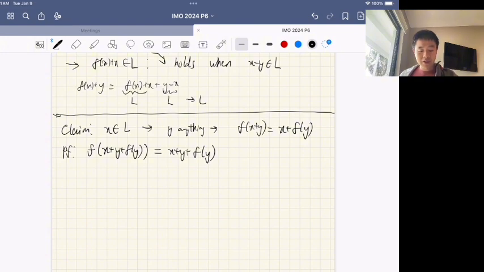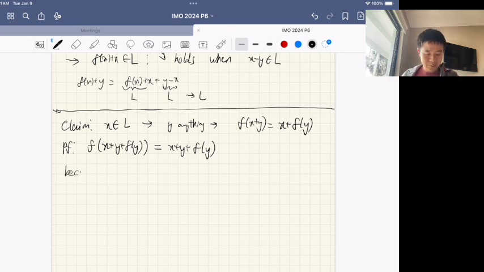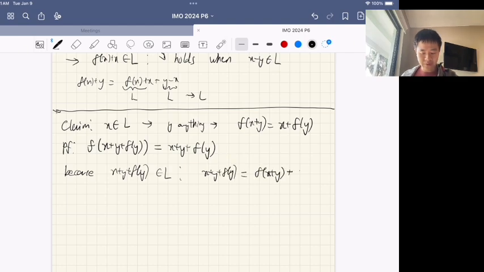Now, how do we continue from here? Because x plus y plus f(y) is in the lattice, we have already shown that this is the same as f of x plus y plus y.